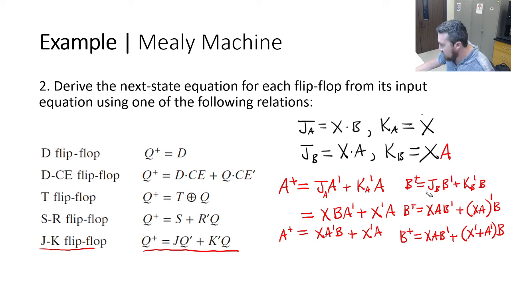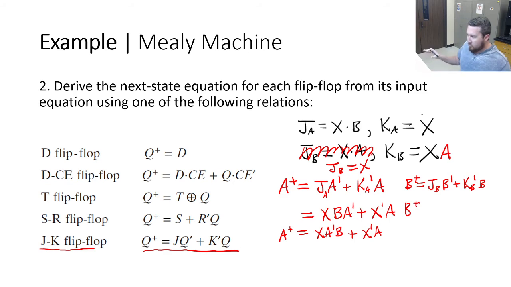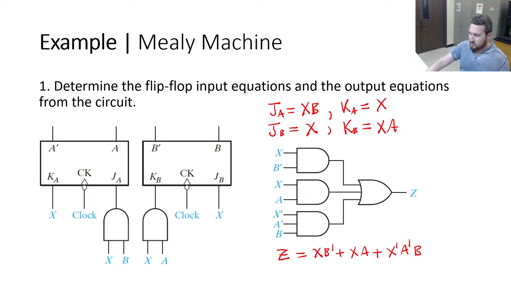I got this backwards, so we're going to ignore all of that. JB is just X. So now let's reassemble it. Hold on, let's take a deep breath and make sure we don't screw anything else up. JB is X. KB is X and A. JA is XB. KA is X.